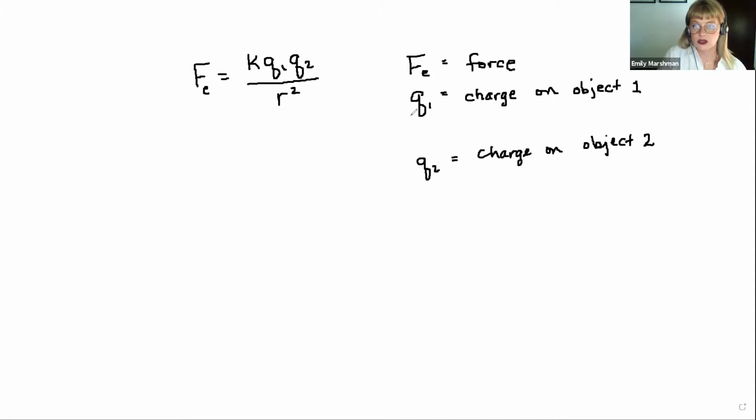So Q1 and Q2 are the size of the charge on each object, and the unit for charge is called a Coulomb, after the scientist who discovered this relationship. We can denote that with a capital C for Coulomb.